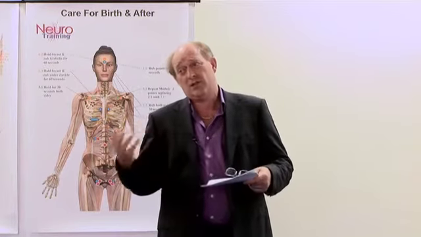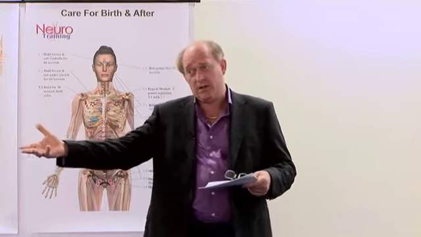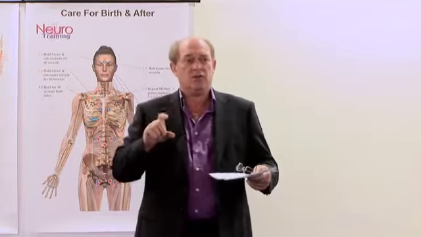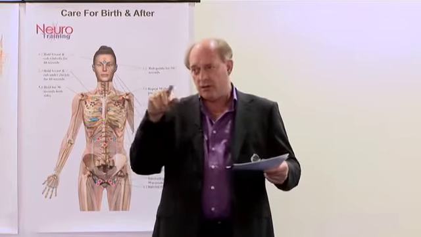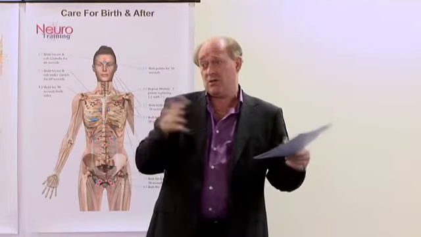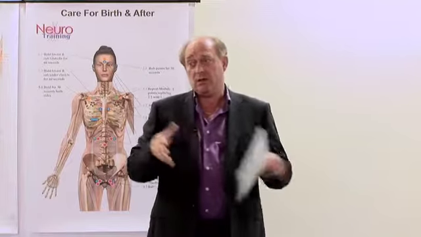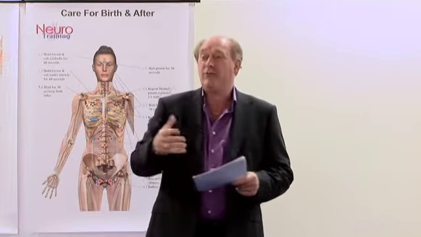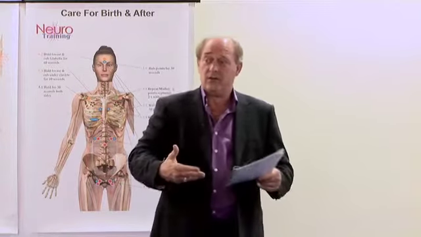The breast, obviously, because it's going to be used more now for breastfeeding and so on. The ovaries need to be reset relative to the change of hormones, so that synoptic that you have, VOB, vagina, ovaries and breasts, is really part of these 2 workshops, care during and care for birth and after, so that you can amplify the effect of these techniques.